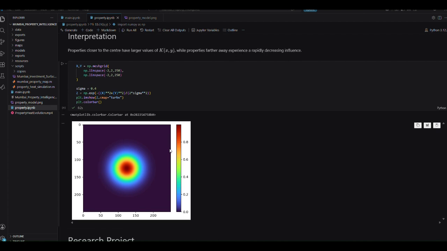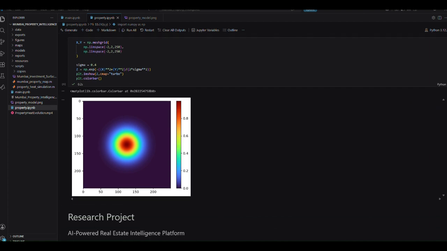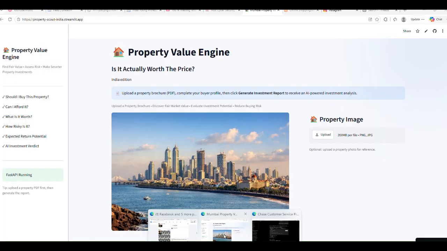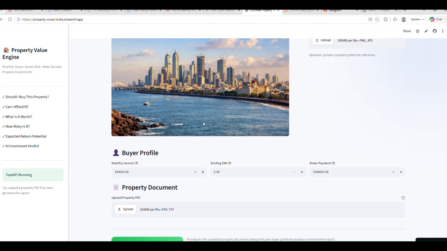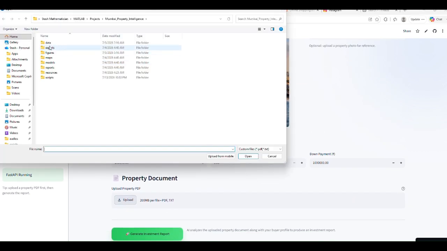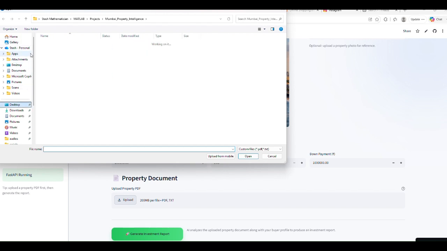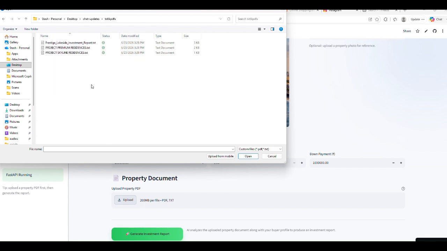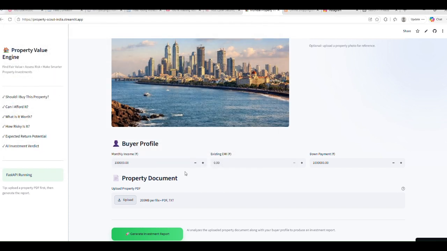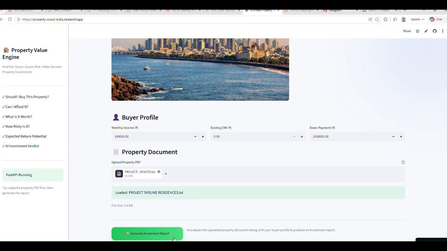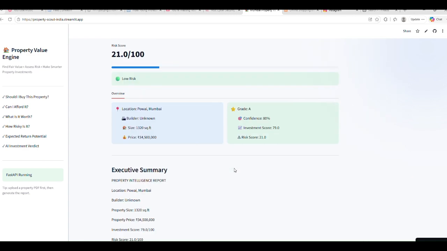Now, the whole idea here is that this model is what we're going to use in a property valuation system. Here you can see we've created a website where you upload a document of a property, and what you get as an output is an analysis of the property once you generate the investment report.